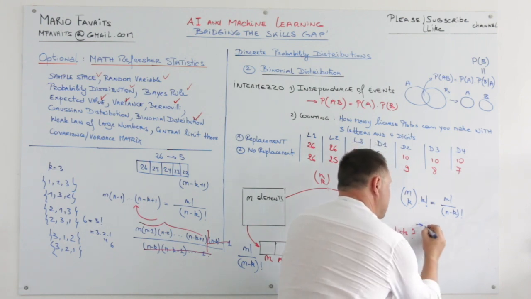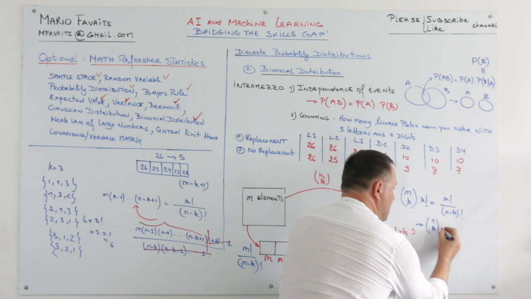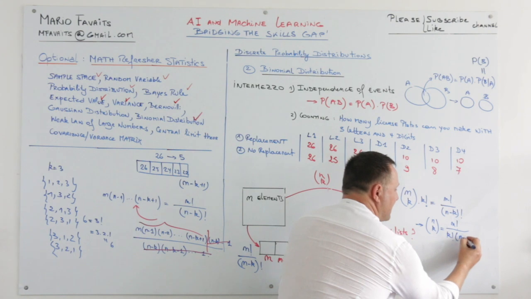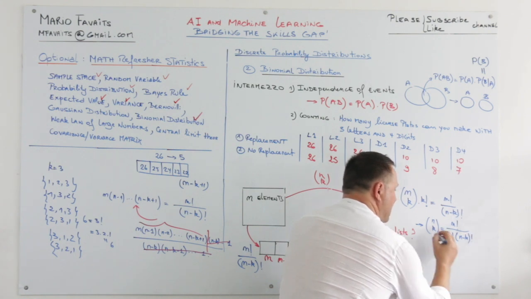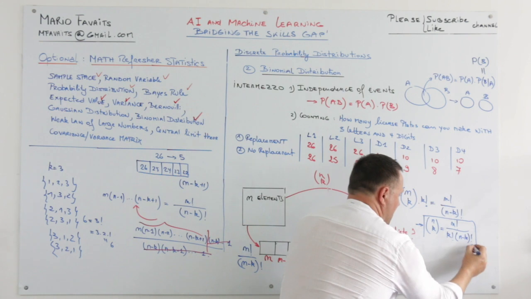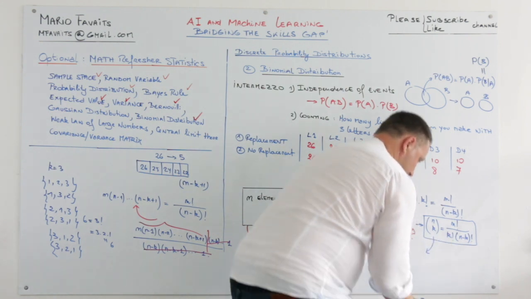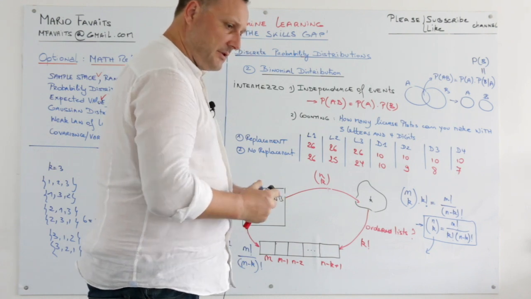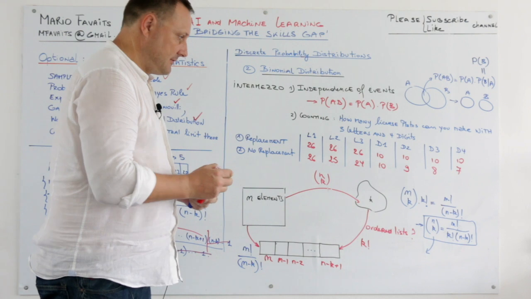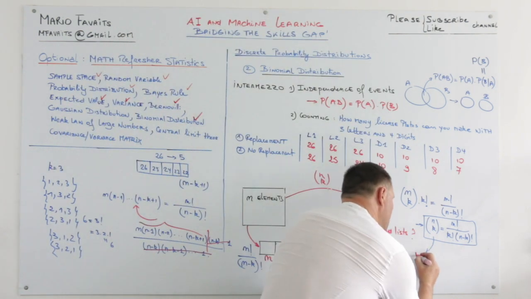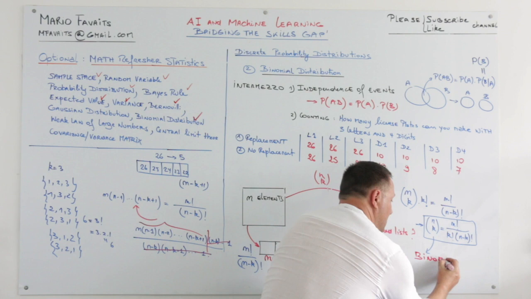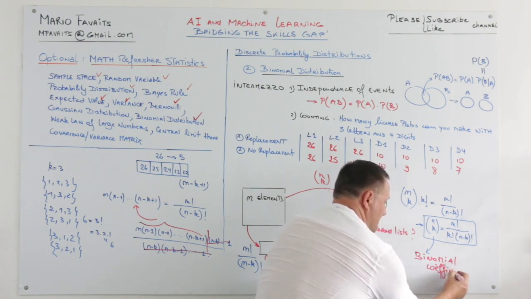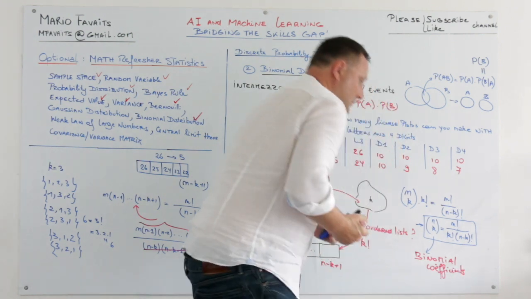So that means that n choose k equals n factorial divided by k factorial times n minus k factorial. And these n choose k we call the binomial coefficients. Okay?